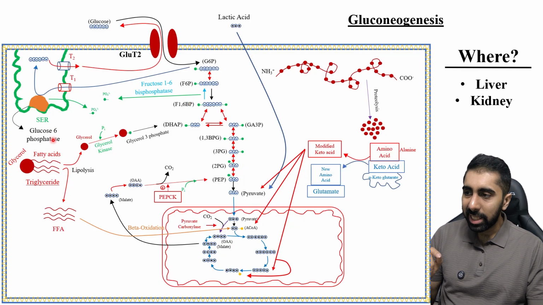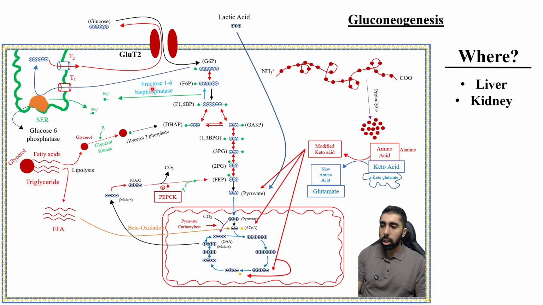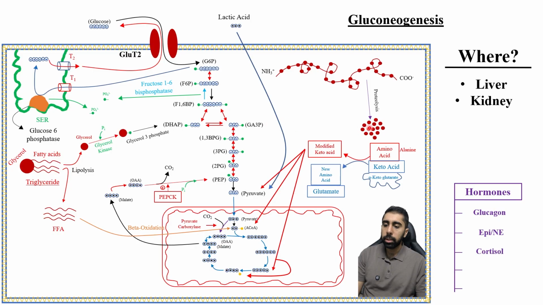So remember these 3 enzymes. They can be regulated mainly by hormones such as glucagon, epinephrine, norepinephrine, cortisol, thyroid hormones, and growth hormone. So this was all about gluconeogenesis.